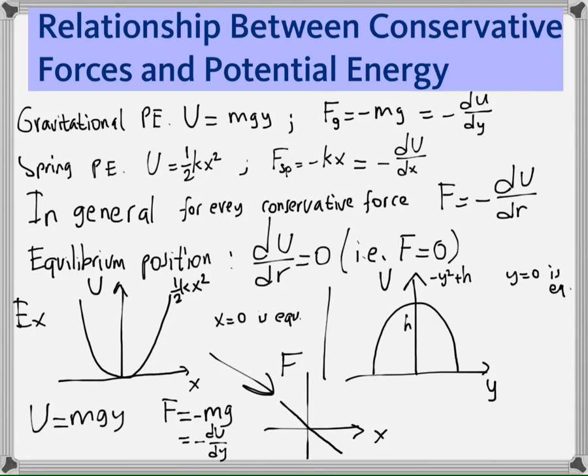If you move the object a little bit from this point, will the object come back to the original point by itself? No. It will go in the positive y direction, and it will never go back to the same position again with the help of the force that created this potential.